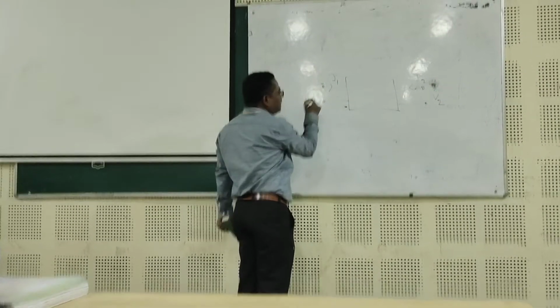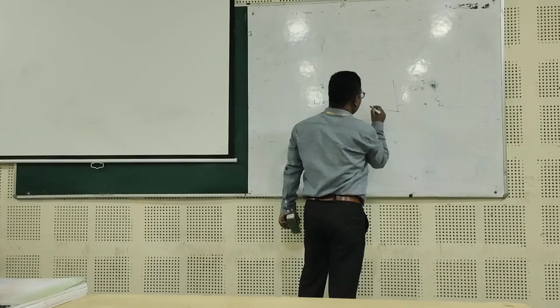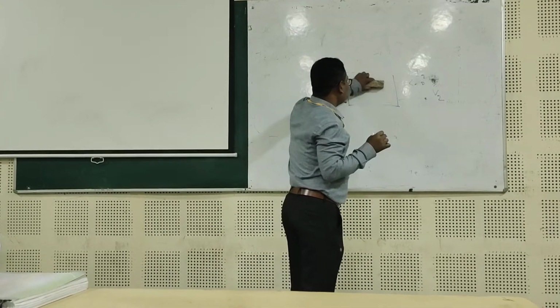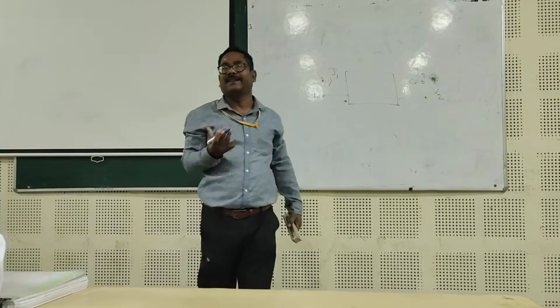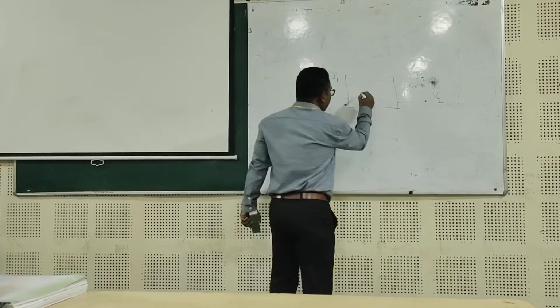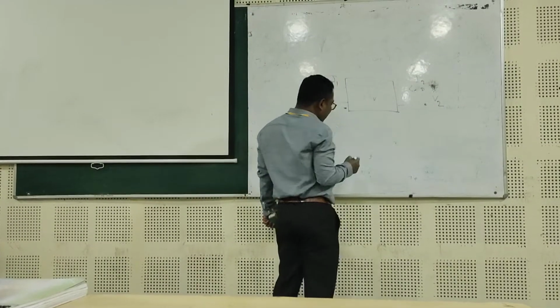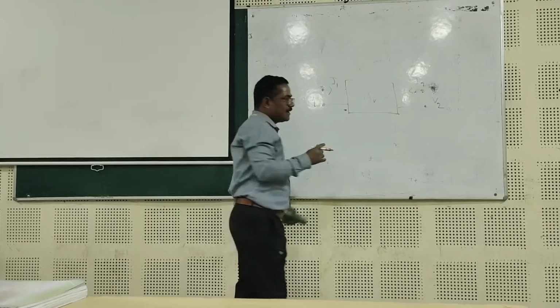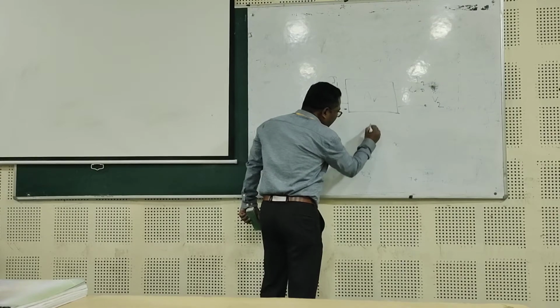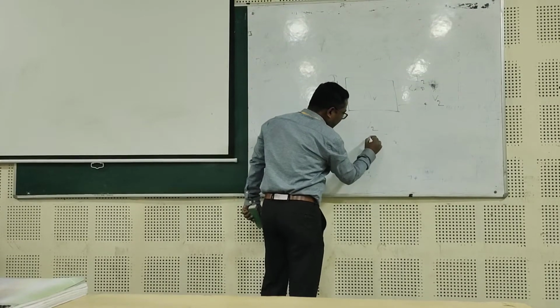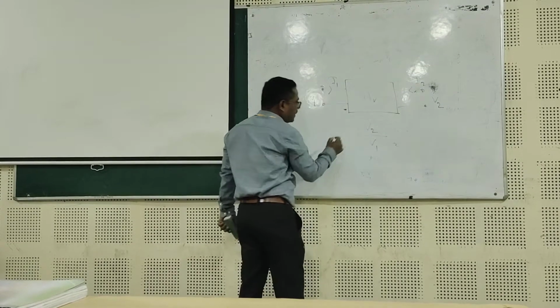If this is your V1 and this is your V2, and suppose it has a gain, basically an amplifier will have a gain. What is gain? Basically AV, the voltage gain, is the ratio of the output voltage to the input voltage.